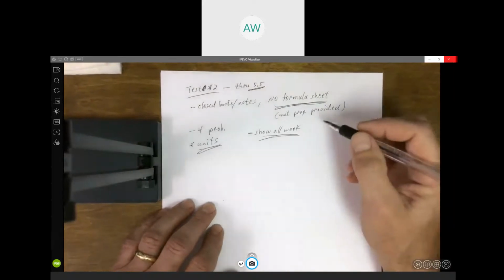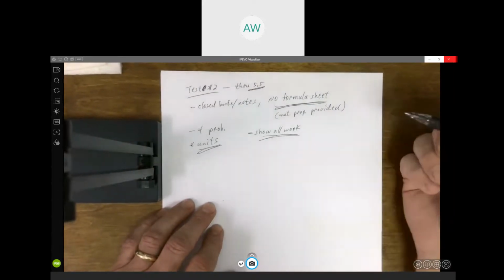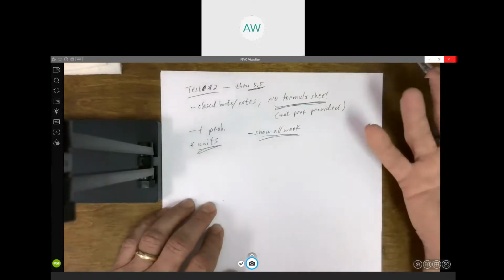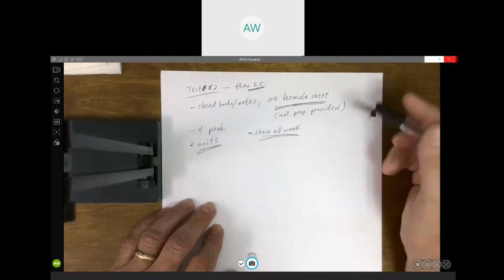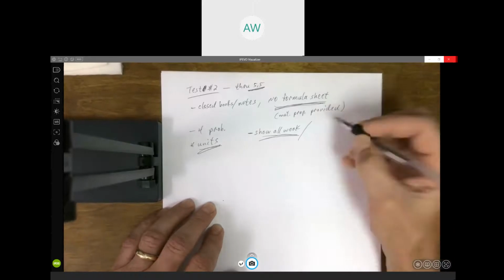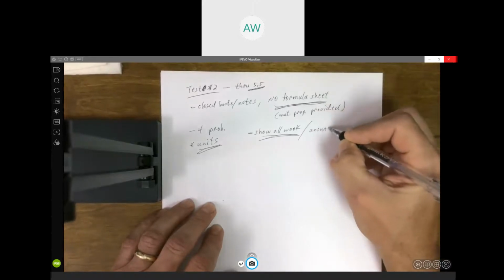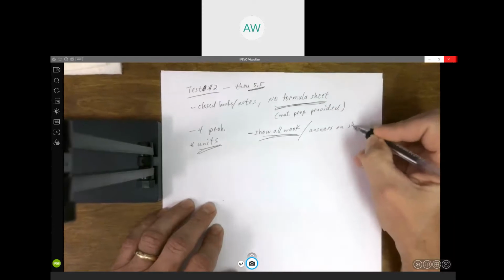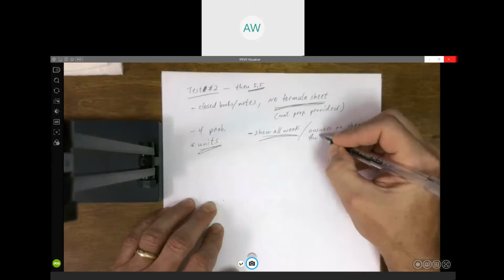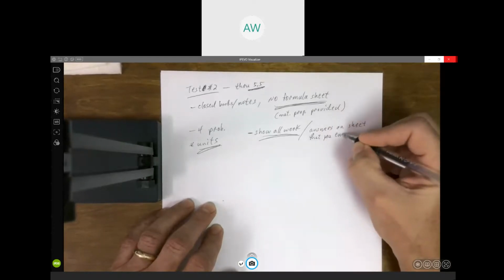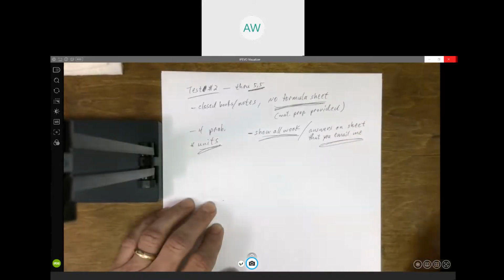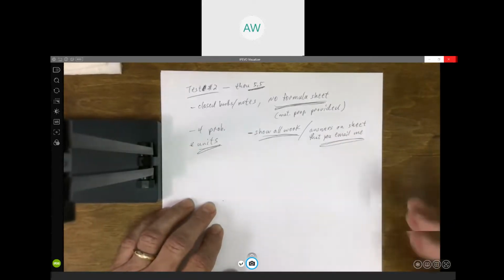Sort of related to this, I know, like on that first test, there was that one problem where you really didn't have to do any calculations. It just asked you, basically look at this graph and give me an answer. Make sure you put all your answers on the sheet that you're going to email me. So anything you want graded, it has to be on that sheet that you send me.